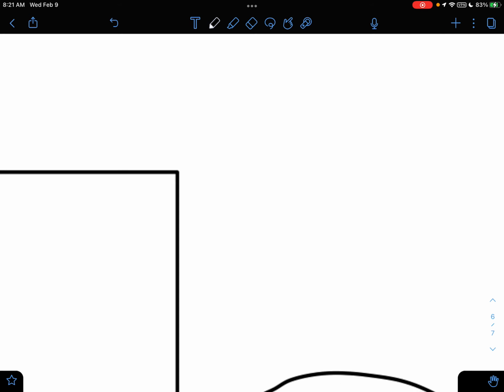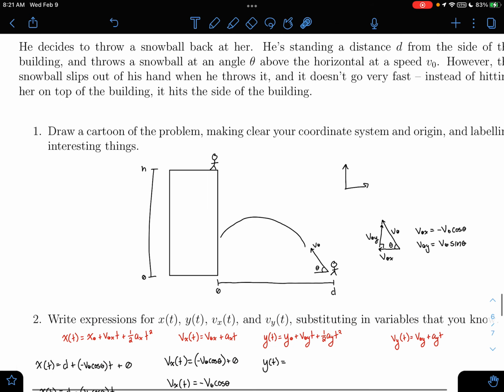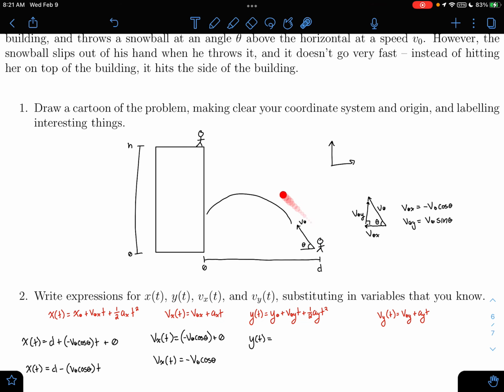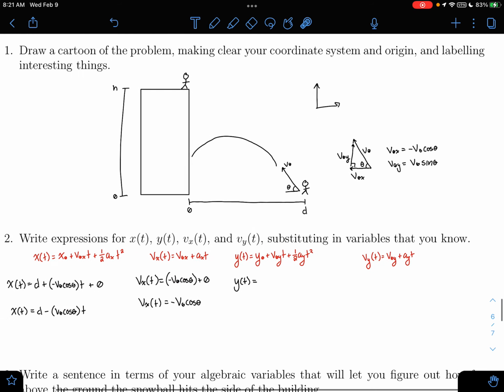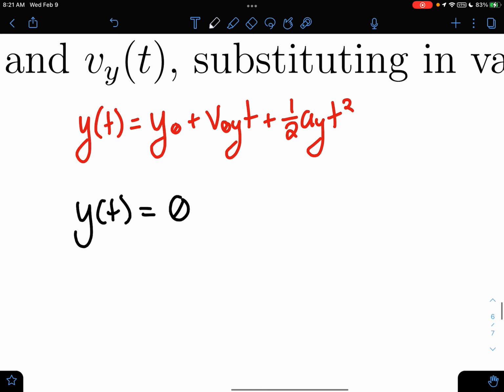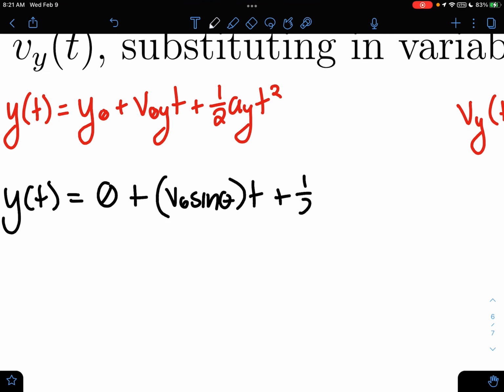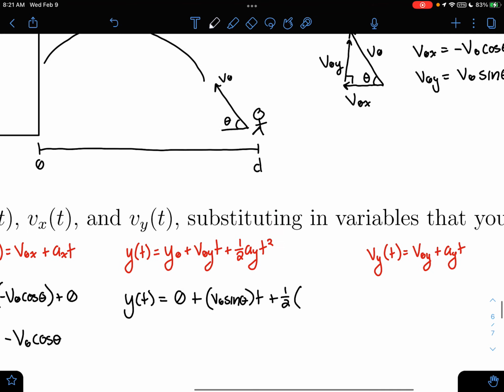I'm going to draw a person standing up here, because we have our friend up here. Before we had initial y because we were starting at h, but now we're starting at the ground again and throwing the snowball up towards the building. So now our initial y is going to be 0 again, plus V naught sine theta t plus 1/2 of our acceleration.